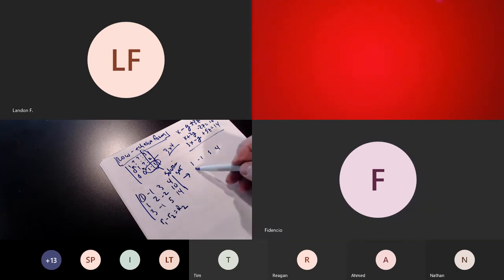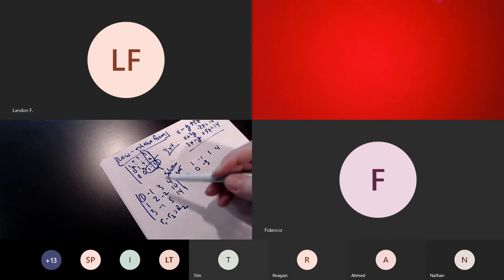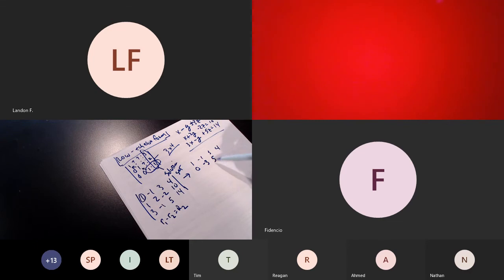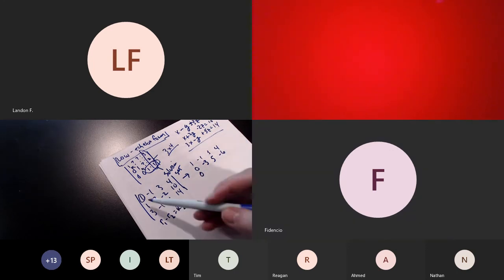So 1 minus 1 is 0. -1 minus 2 is -3. 3 minus -2 is 5. And 4 minus 10 is -6. Okay, so I just did row 1 minus row 2. Now I want to get a 0 here. And so what can I do with row 1 in order to turn that 3 into a 0?